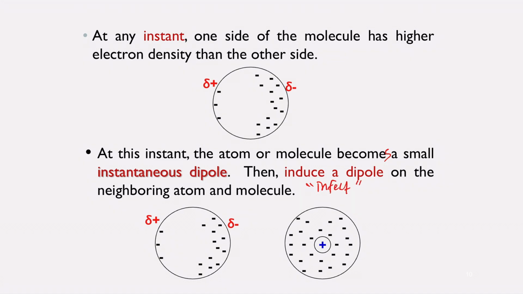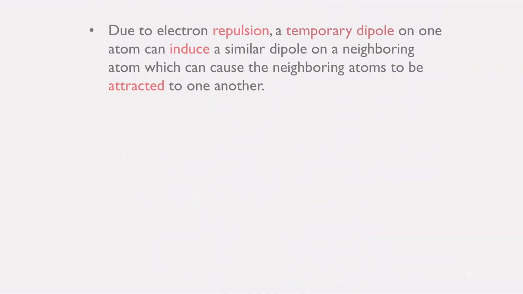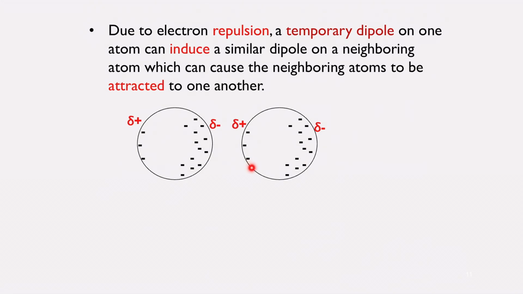A dipole. Suddenly the one next to it, okay, now it is a bit far, it has not yet caught the dipole infection. After this, you watch, it becomes a dipole. This molecule has a dipole as well now. Okay. Due to electron repulsion, a temporary dipole on one atom can induce a similar dipole on a neighbouring atom, the atom next to it, which can cause the neighbouring atoms to be attracted to one another.